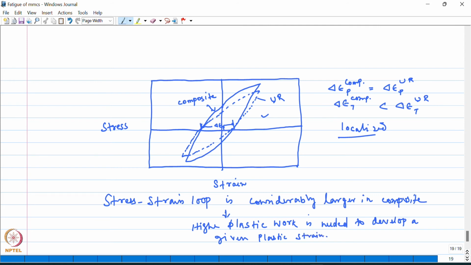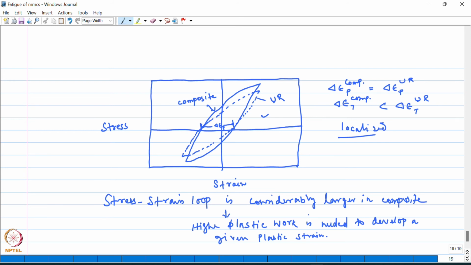Alright, so this is where the difference comes from, the difference in the fatigue life under plastic strain controlled conditions. One is the localized deformation that you have in the composite due to the presence of the particles, and the strains that develop close to the particles around the corners or the poles of the particles.